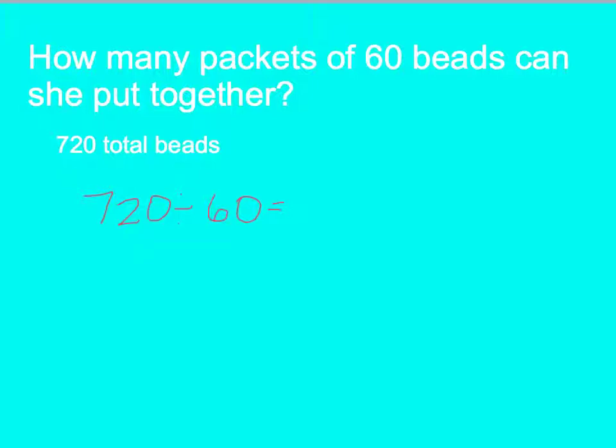I'm going to think back to when we were dividing by multiples of 10. These zeros on the end tell us that both of these numbers are multiples of 10. We can actually cancel out these two zeros and then just look at 72 divided by 6. If we don't know this off the top of our heads, we can do it the standard algorithm way. 6 goes into 7 one time. I get 6 when I multiply those two.